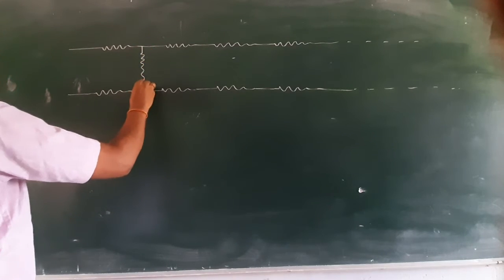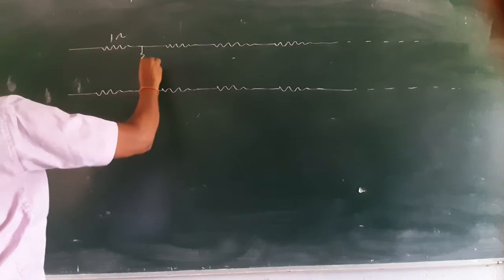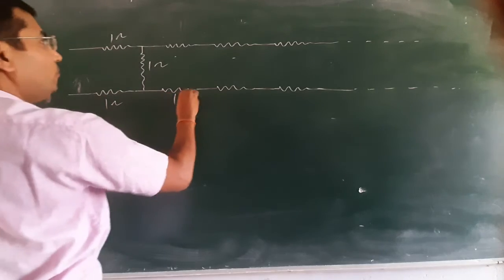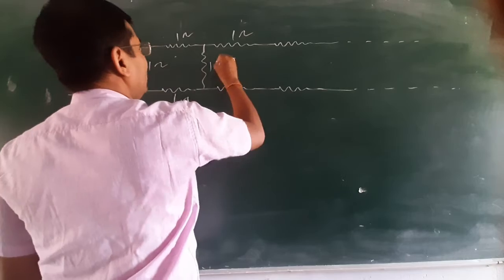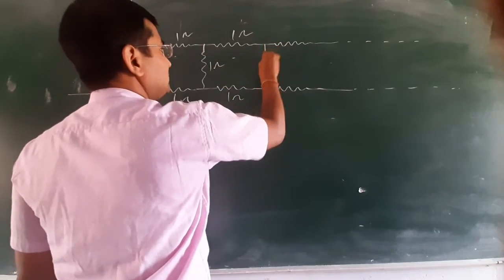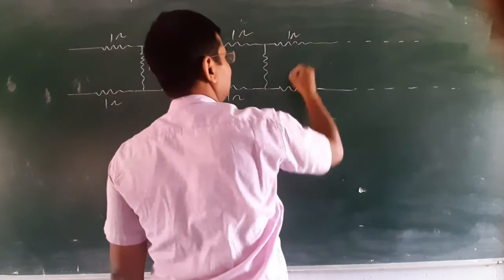In each ladder, 1 ohm, 1 ohm, 1 ohm, 1 ohm, 1 ohm, 1 ohm, 1 ohm. These resistances are connected in this way.